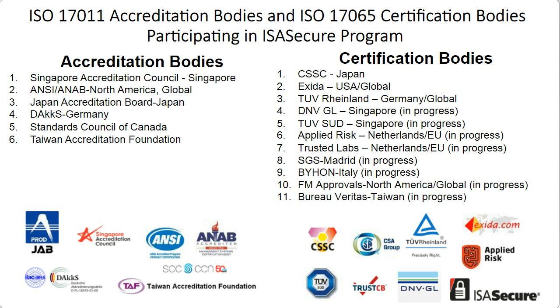Currently we have an organization in Japan, one based in the U.S., and one based in Germany. Almost all of them are global in nature. You can see DNVGL, TÜV SÜD, Applied Risk, Trusted Labs. We have organizations in Madrid, Italy, and now newer ones in Taiwan and another in North America.